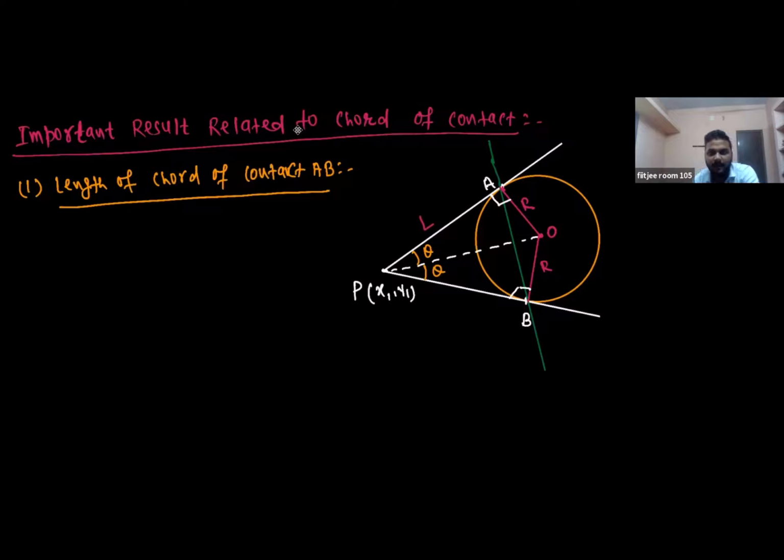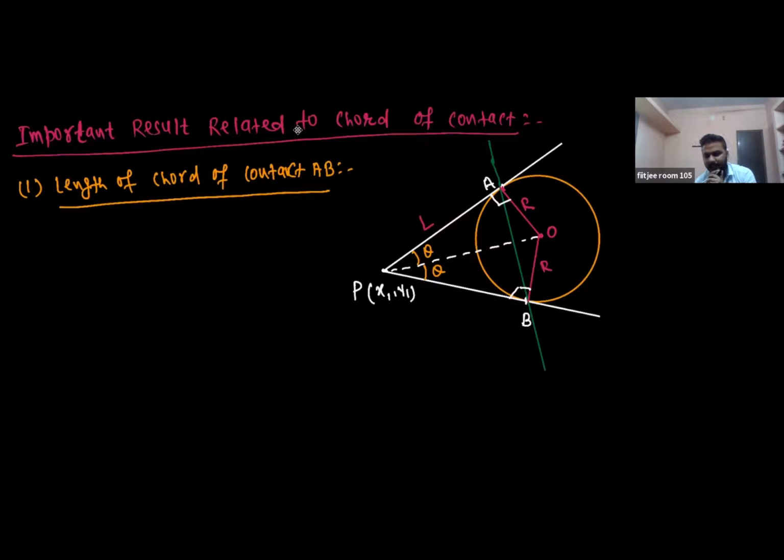Ridhisha is saying we can find the coordinates of A and B, then find the distance. It will be very tough that way. First of all, we would have to write down the equation of the tangent, and obviously it will take more time. We will not follow that way. Let's see the logic here. Because I have point P, I can find the AP distance.